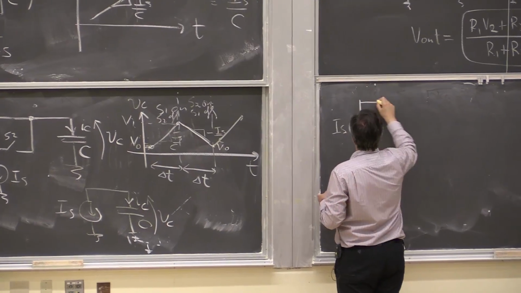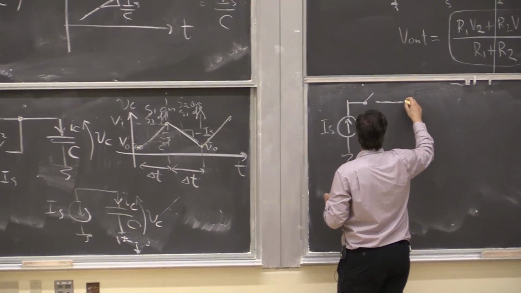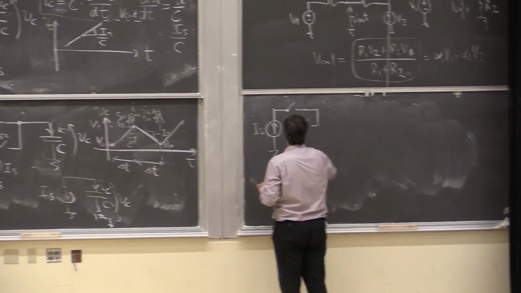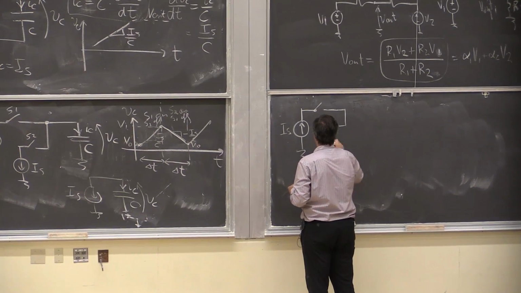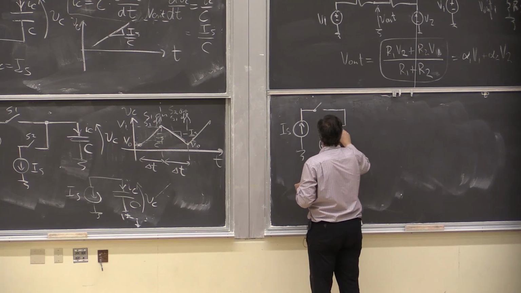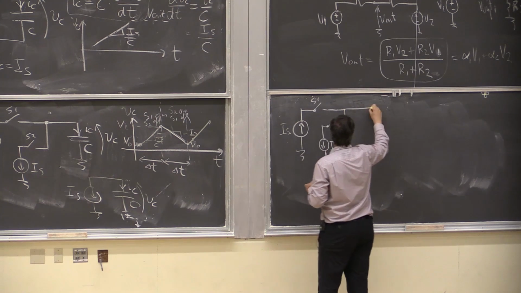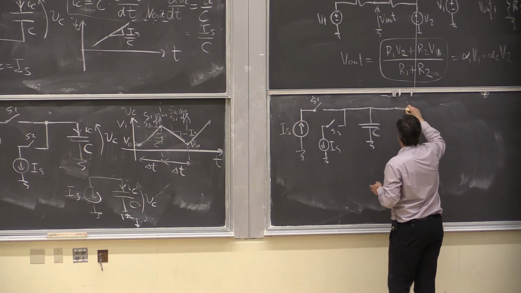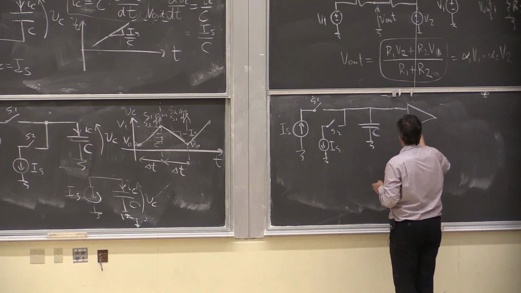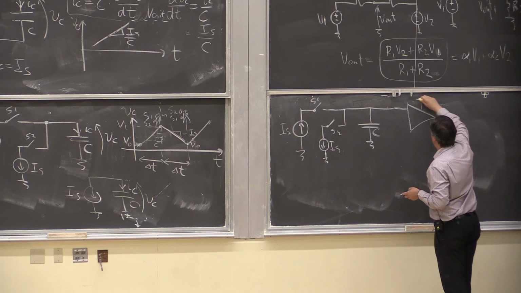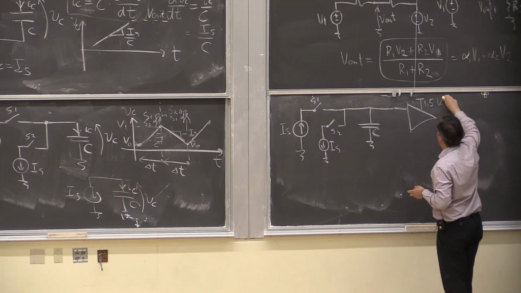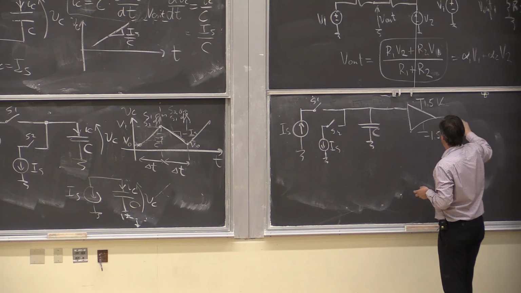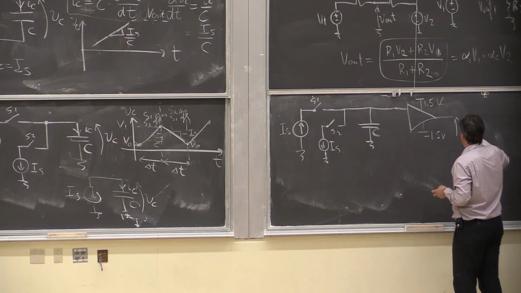IS. And we here put the supply of 1.5 volts and another supply of minus 1.5 volts, and this is our V out.